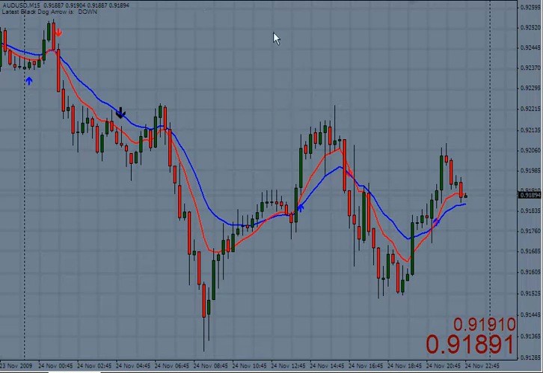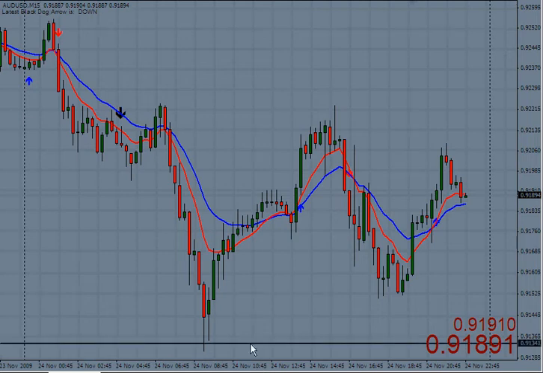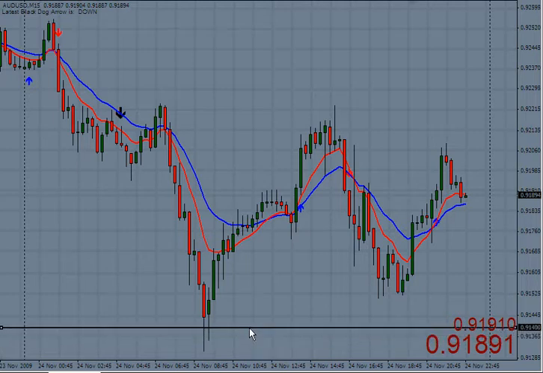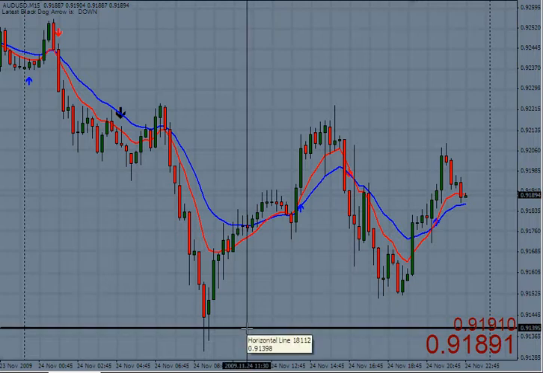So 0.9338 was never reached. However, we did reach the low of 0.9140, which was around here. I just put it down here. There we go, that's it with the support line here.